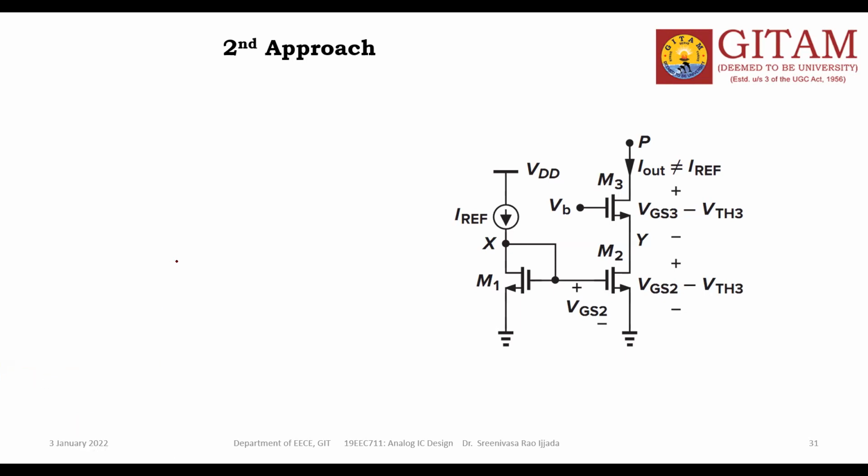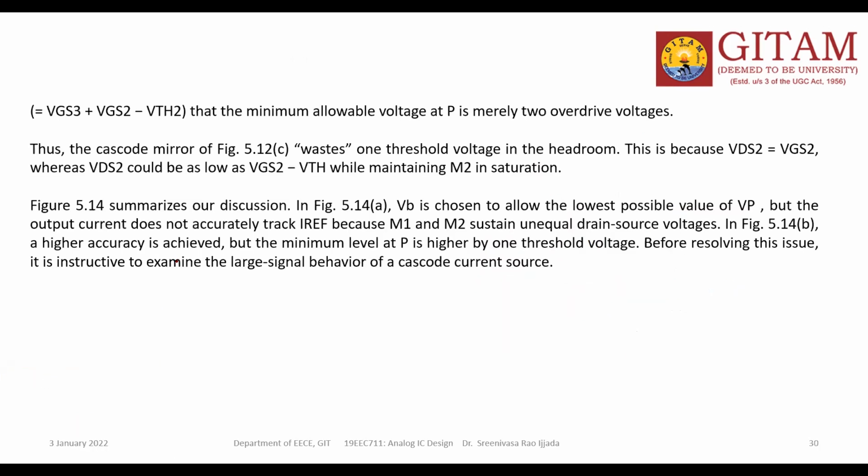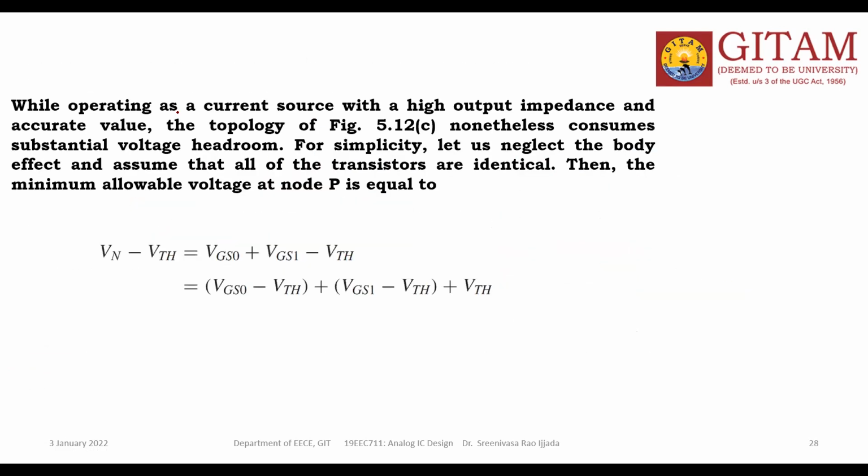In this circuit, this is the VTH penalty. An extra one VTH is consumed by this circuit. Generally, this part is okay, but this part is not okay. Because what is this? This is the overdrive voltage of the M0 device.